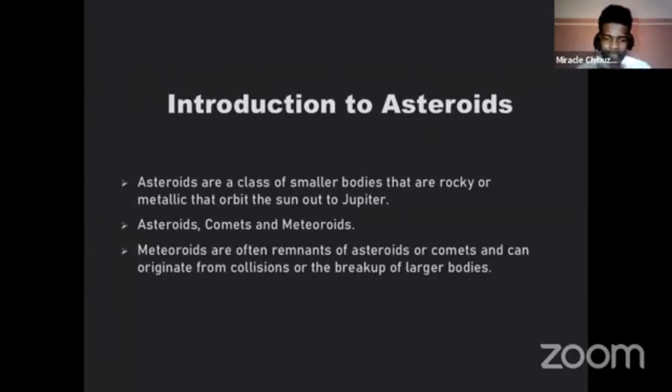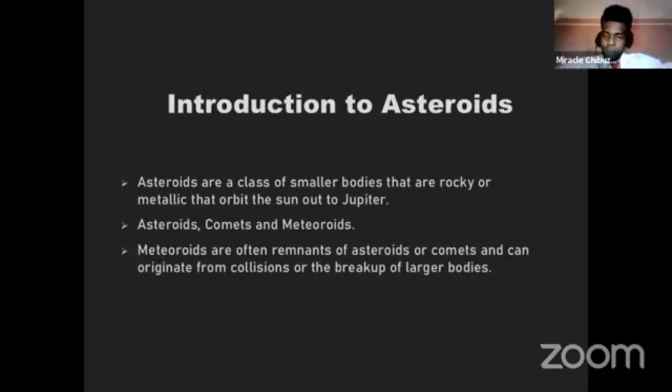So asteroids are different from meteoroids. Asteroids are the bigger bodies. Asteroids have specific sizes. For instance, asteroids range from 1 meter to 1,000 kilometers. But we have other smaller bodies that are a result of collision.